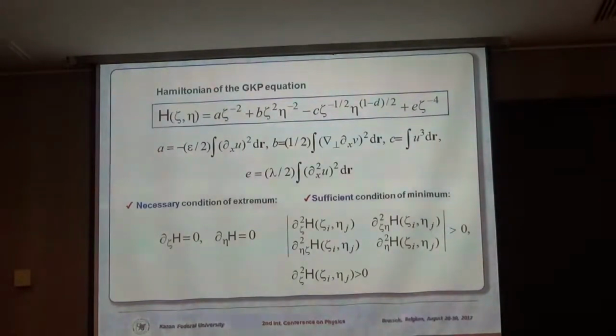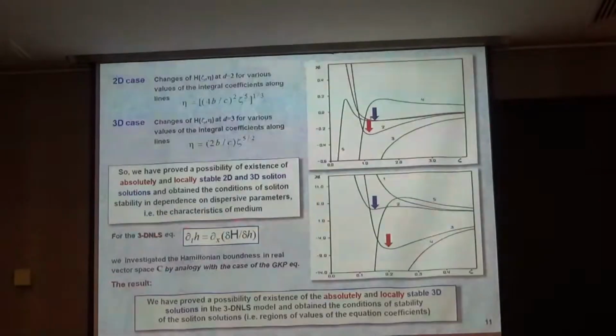Considering the deformations of Hamiltonian concerning momentum projection Px, here T is the spatial dimension, write Hamiltonian of the GKP equation in the following form with integral coefficients A, B, C, and E. Necessary condition of extremum is this set of equations, and sufficient condition of minimum is this set of inequalities. Solving these sets in common, we obtain the following results.